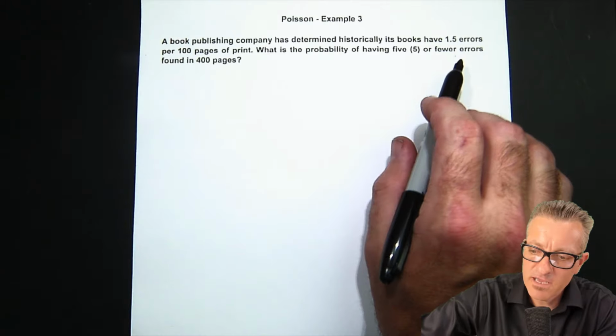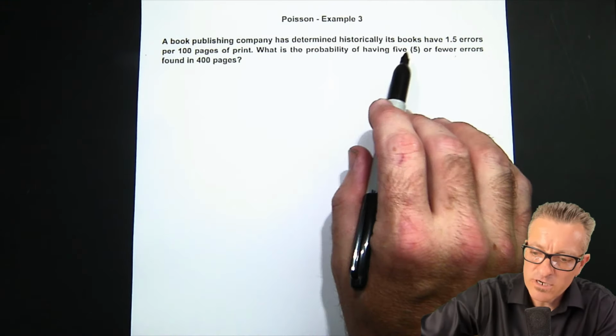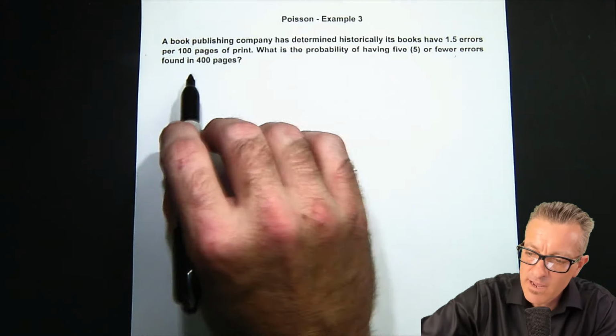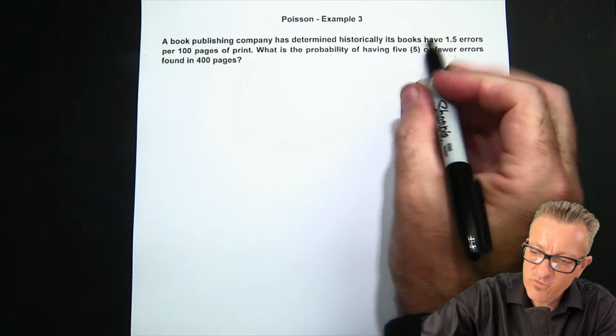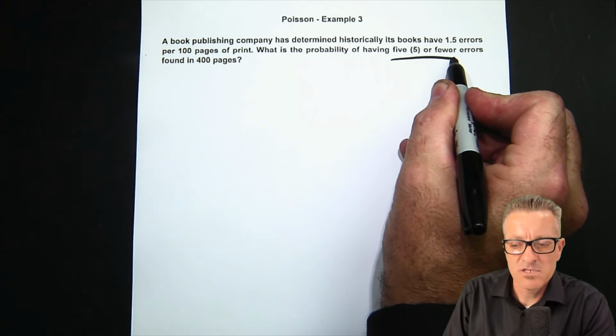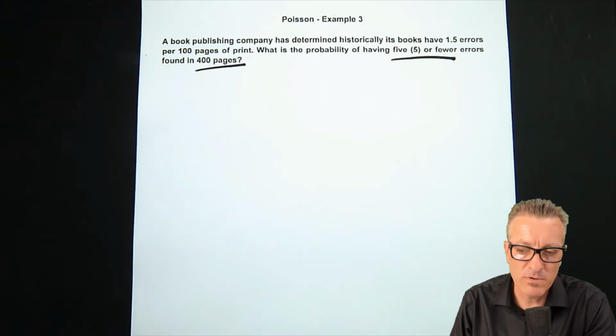What is the probability of having 5 or fewer errors in 400 pages? So that's the big difference here, we actually have a range, 5 or fewer, and then 400 pages. In example 2, we had 400 pages, so that wasn't a big deal.